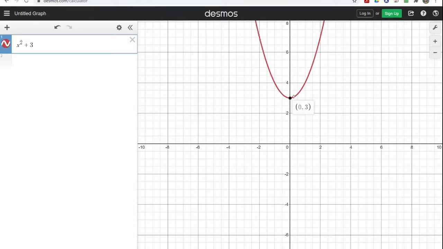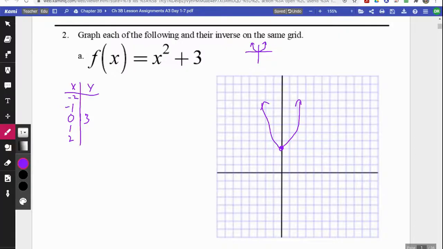So you see the vertex there. You can also see, if you check it out right, that it goes through the point (1, 4), and you can see it's a mirror image on the other side. So we could plug these in and just see what they look like. If you did, this will get easier. You don't necessarily have to plug them in and evaluate it for every single problem once we know what we're working with.